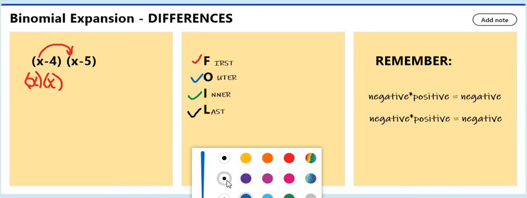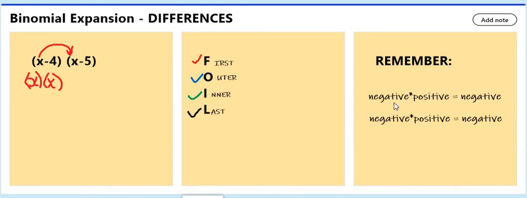Now, we need to remember our multiplication rules. A negative number times a positive number gives us a negative. A negative number times a positive number or a term gives us a negative term. So we know that this x here, when multiplied by this minus 5, is going to end with a negative.